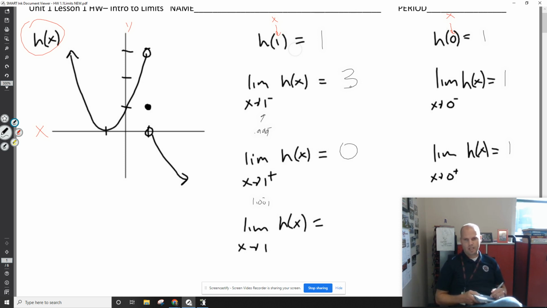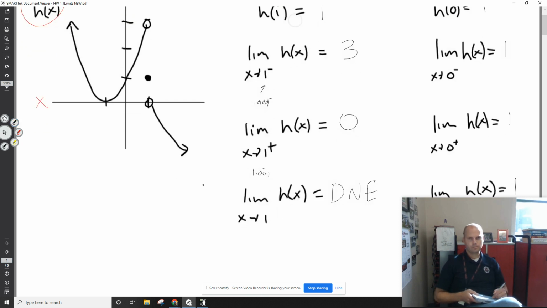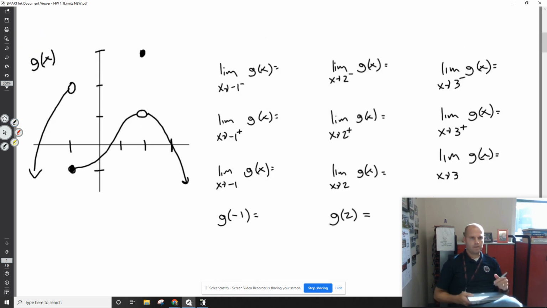If your left-hand limit and your right-hand limit are not the same, the limit does not exist. I don't care about the function value at all when I'm making my decision about the general limit. Okay, it's very important when we look at other situations.